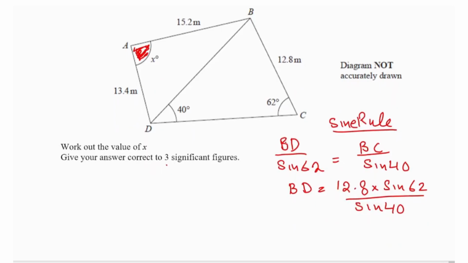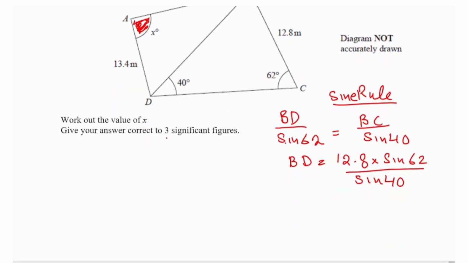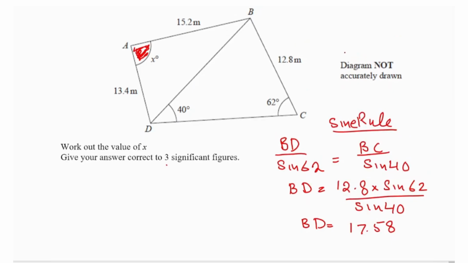So if you use your calculator, BD we will get 17.58. All the values are one decimal place, but I'm writing 17.58 to two decimal places to get an accurate answer. Let's write down here 17.58.